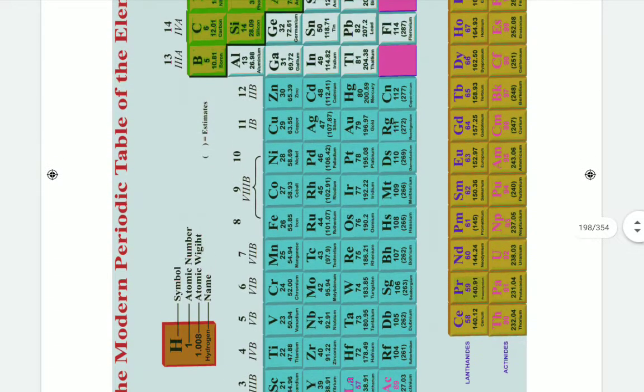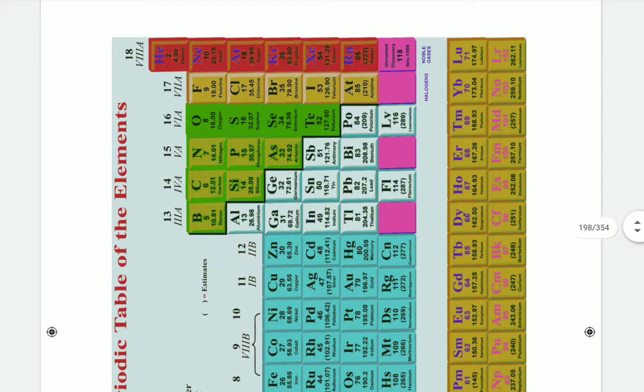In the same way, helium has 2 electrons, so its electronic configuration is 1s2. The 1 belongs to the first main shell, s is the subshell, and the superscript 2 means there are 2 electrons in helium.